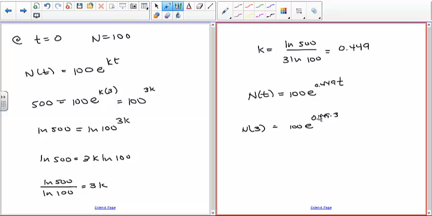Natural log of 500 is 6.2. I'm not sure why it's not working out right.